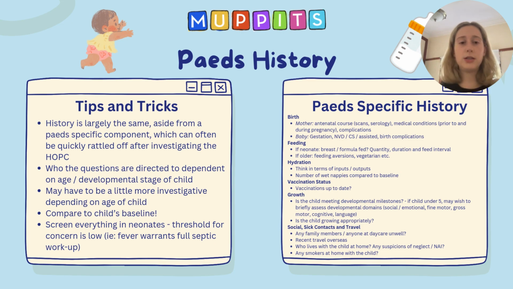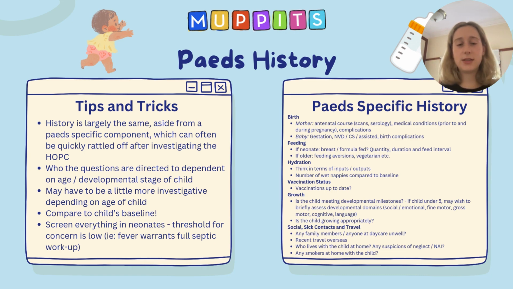You also want to know, is a child growing appropriately, which you'll confirm later on with an examination and plotting the child's height and weights on growth charts too. And then finally, is anybody unwell, particularly if the child is presenting with, say, a fever or a focal source of infection?